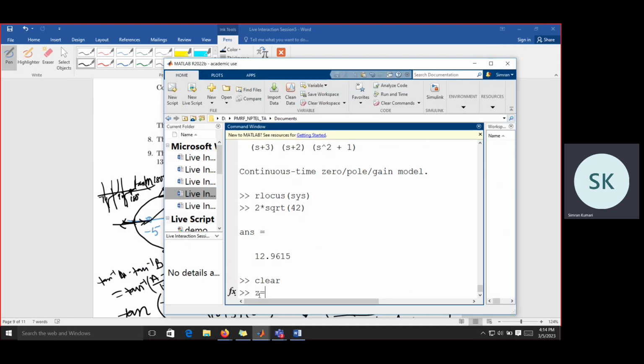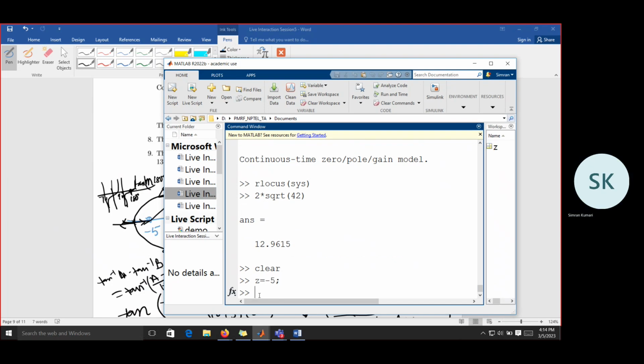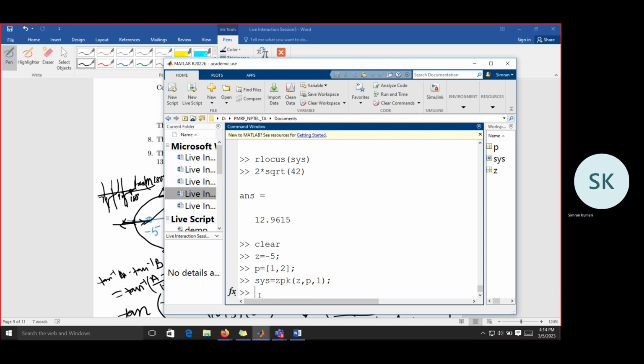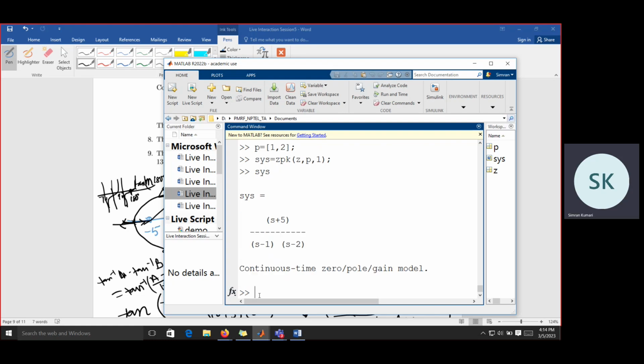So z equal to minus 5 and p equal to 1, 2. Now we say that we want a system: Z comma P comma 1, because the gain is 1 and it will vary accordingly for the root locus. So we get this system.